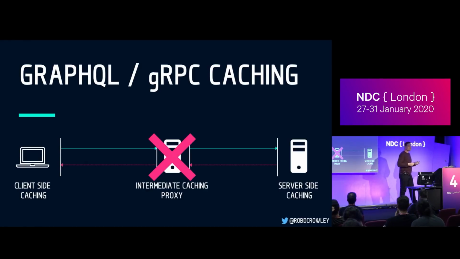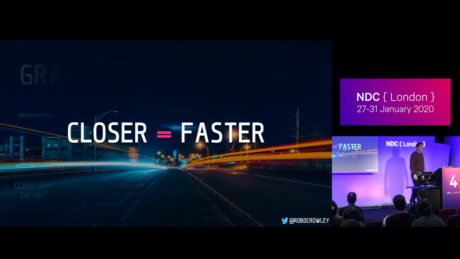Not only does GraphQL generally use POSTs, which are not cacheable. But why are intermediary caching proxies important then, if we can still get a lot of the benefit from the server side or the client? And it really comes down to proximity to the client. So while the speed of light is fast, about 300,000 kilometers per second, it is not infinitely fast, particularly if you're going over copper wire.